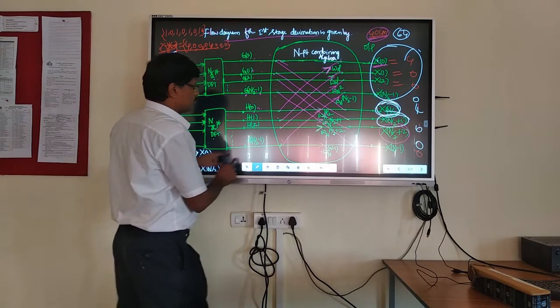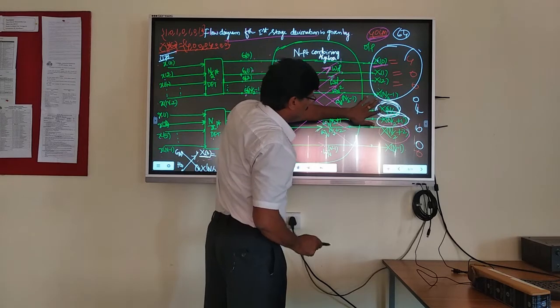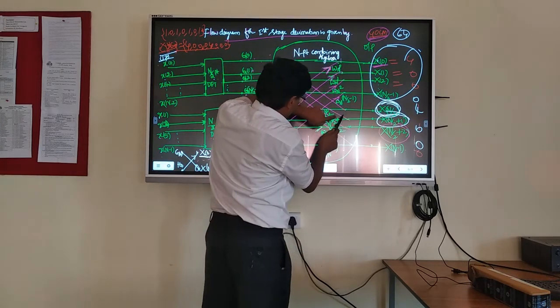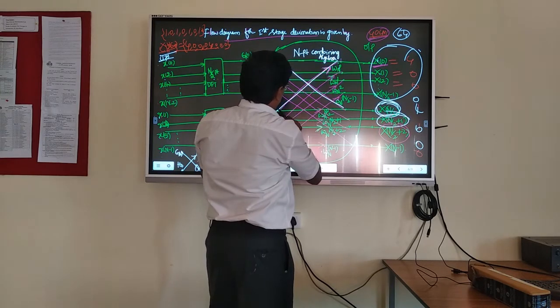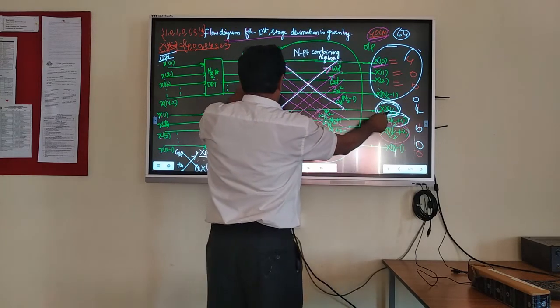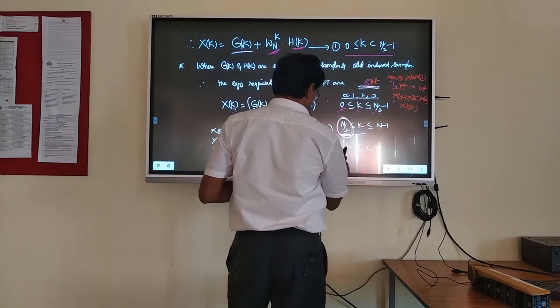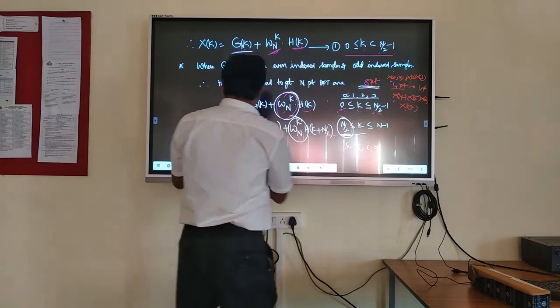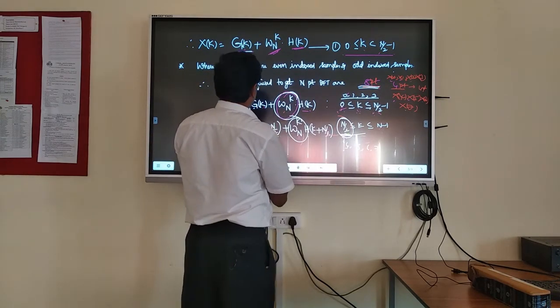This X of N/2 is the other leg of this butterfly, right? Here the output X of N/2 is nothing but, see now, for example, when k is 4, X4 is equal to these equations, and likewise 4, 5, 6 and so on.